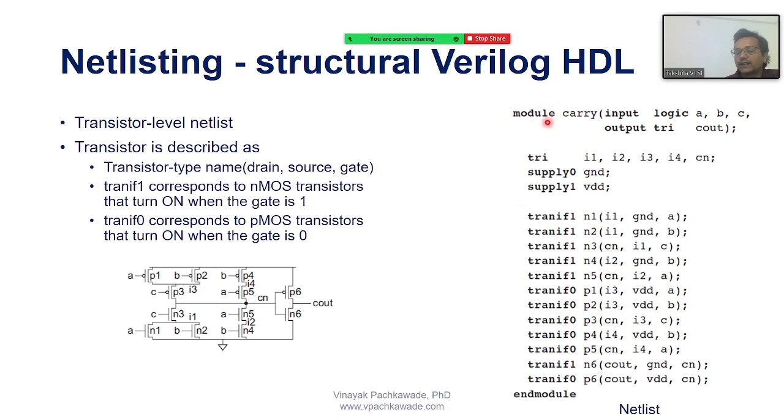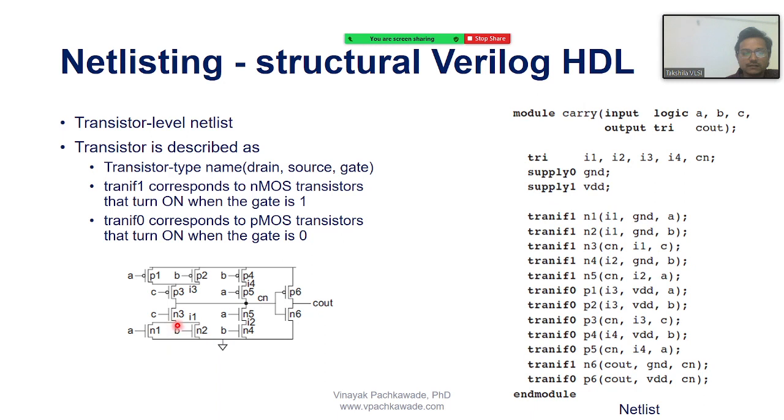They will say they are designing a module for a carry circuit of the adder. They define input logic, A, B, C are the three inputs. Output, they name it as a tri, and they call it C out. Then they say that this tri is another logic level, and that there are four nodes, I1, I2, I3, I4 and Cn. So we can come to the schematic and see where these nodes are.